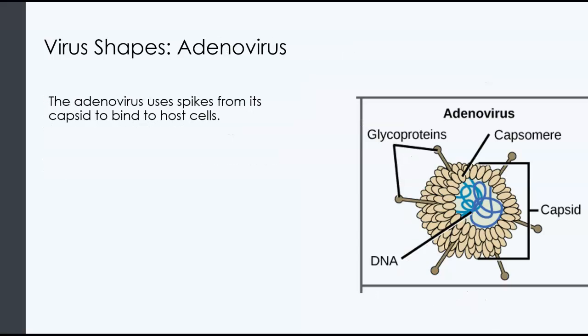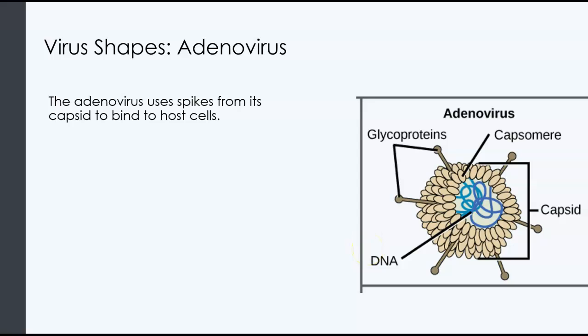The adenovirus has just the protein capsid. It has DNA as the nucleic acid, and it just has a protein capsid made of capsomeres. The capsomeres are the little brown ovals. And then the darker brown kind of spikes, though they're not really spikes, but they're sticking out further with a rounded end.